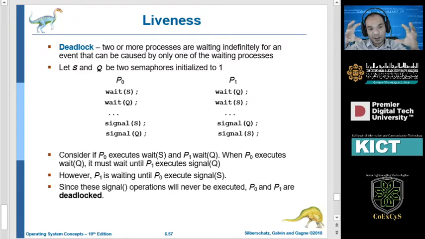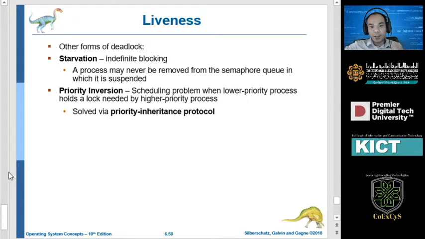But in starvation, other processes might be running, and one process is still in the queue despite the other processes coming in and out of the queue. So this is obviously an unfair queue somehow.